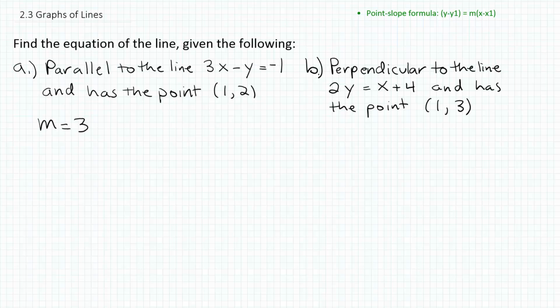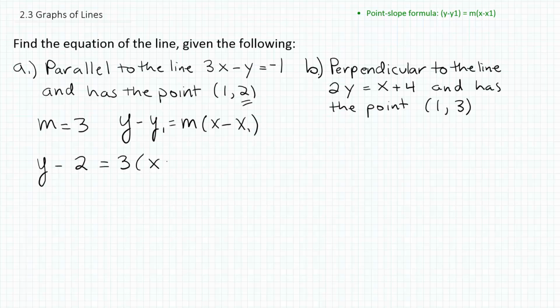Alright, so if I know my slope, then I can use my slope and my point in the point slope formula. So remember, the point slope formula is y minus y sub 1 is equal to m times x minus x sub 1. So the y coordinate of the point is 2, so it'll be y minus 2 is equal to 3 times x minus 1. And that'll be y minus 2 is equal to 3x minus 3.